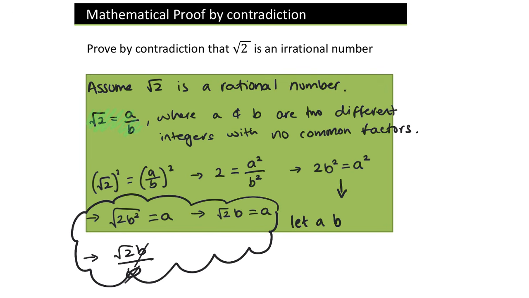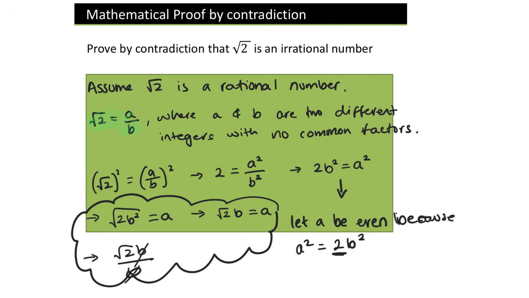So, let a be even. And this is because a squared equals 2b squared. So a squared equals like 2 lots of something, right? So then a is definitely even. Right, if a is even, what do we know about a?